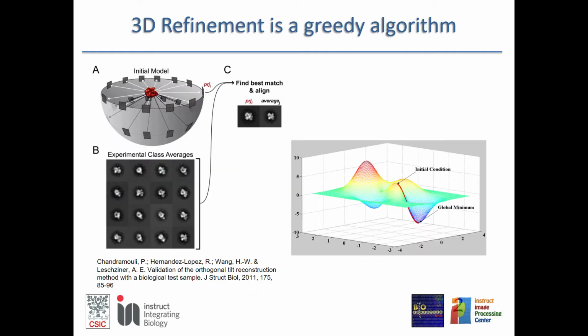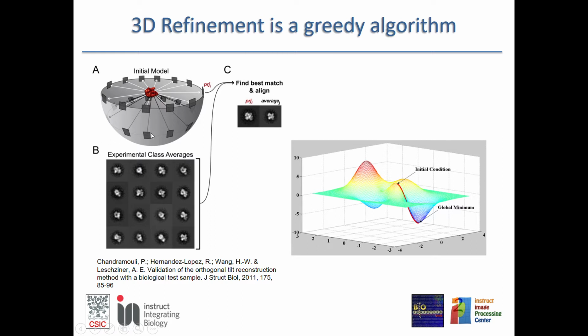Okay, so why do we need an initial volume? Because the most common approach to 3D reconstruction goes in the following way. You start with an initial volume, and then you have your particles. Here we are representing class averages, but they could be particles.